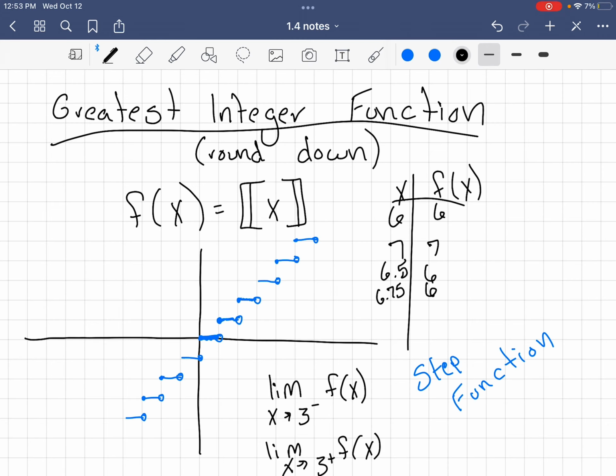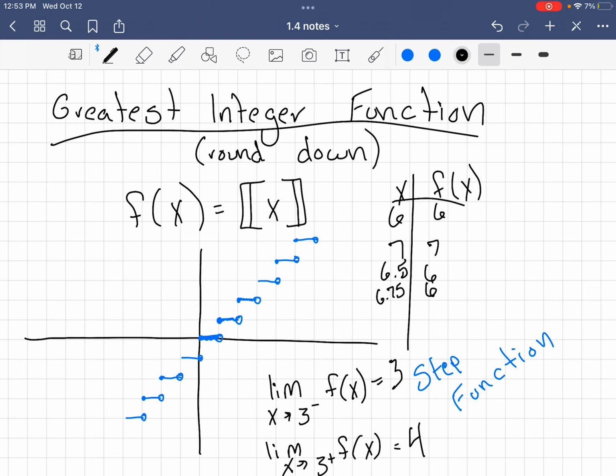If I approach 3 from the left, I'm always going to get 3. If I approach 3 from the right, I'm always getting 4. So the limit as I approach from the left is 3. As I approach from the right is 4. So the left-handed and right-handed limits for any of our whole numbers are not the same.